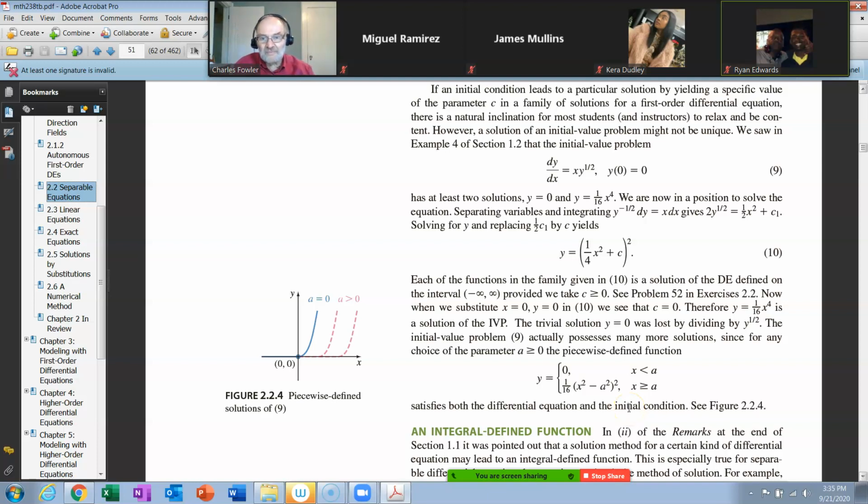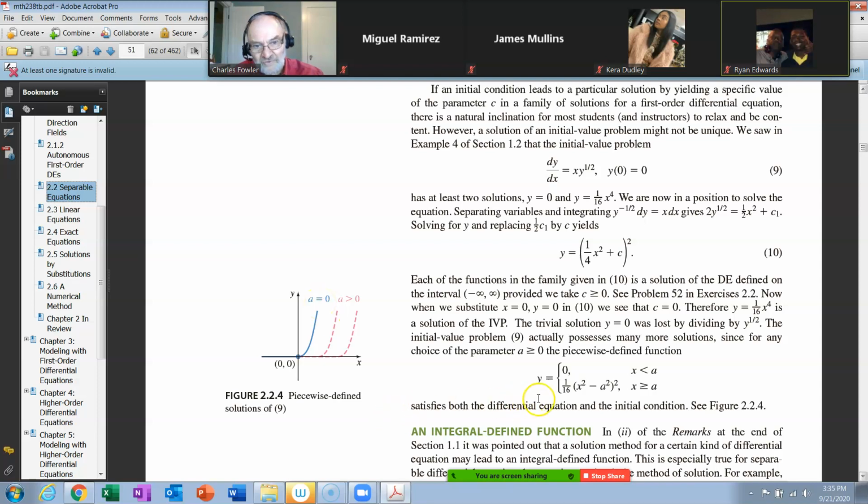See this figure. Well, here's the illustration of that. Y is equal to 0, of course, would be the x-axis. That's the trivial solution. Okay? And that's good for any x less than a. For any x greater than a, then this is the solution.